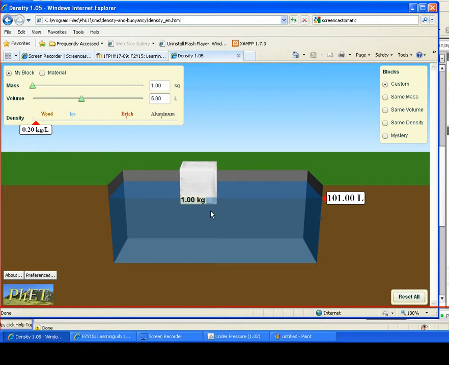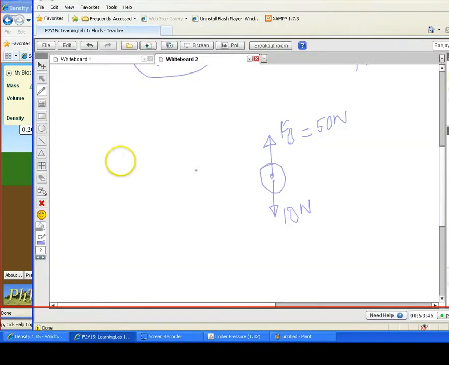This means that the volume of fluid displaced by the block is only 1 liter. Therefore, what should the force of buoyancy be? Fb in this case is equal to rho, which is 1, times g, which is 10, times V, which is 1 liter. And that gives me a force of 10 newtons.